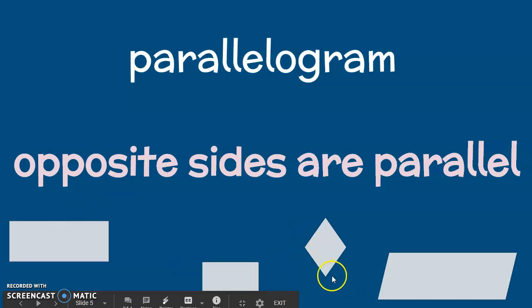This side is parallel to this one, as this one is parallel to this one. Same thing with our parallelogram. So actually, all four of these figures are parallelograms, even though we can also call them more specific names, like a square or a rhombus or a rectangle.